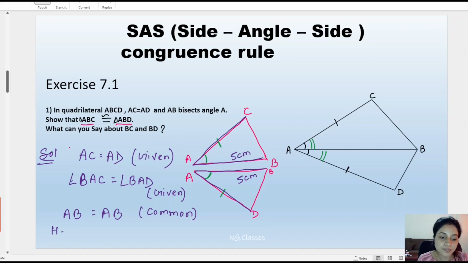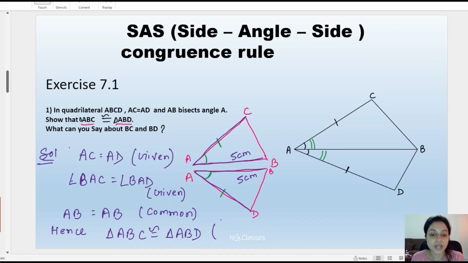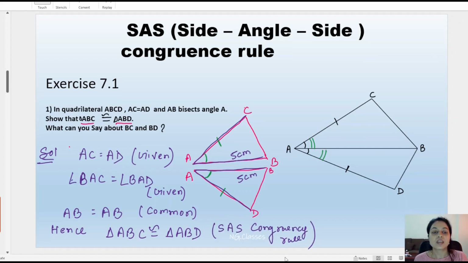Hence, triangle ABC is congruent with triangle ABD. In bracket, we must mention the rule which we have used. So that is the side angle side congruency rule. Now, the question is also asking what can we say about sides BC and BD. As we know, when two triangles are congruent, that means the two triangles are exactly the same.